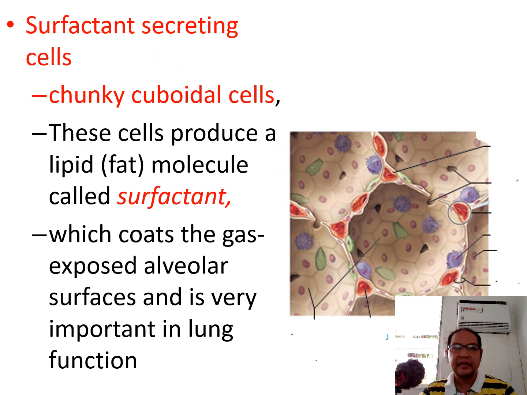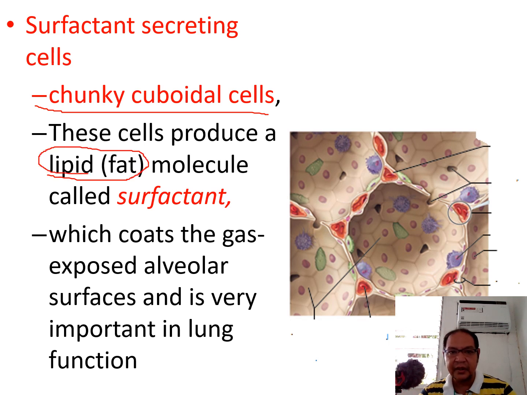So the surfactant secreting cell is described as chunky cuboidal cells. These cells produce a lipid fat molecule called surfactant, which coats the gas exposed alveoli. So this one will coat this one. The gas exposed alveoli is the inside one, so air goes here.